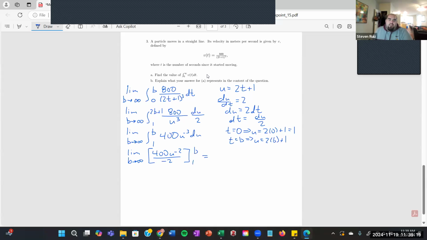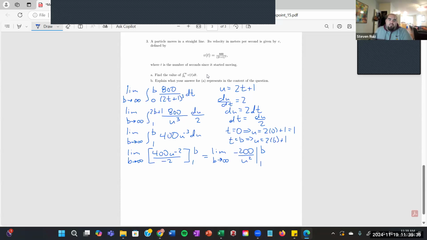So I can simplify again. I get negative 200 over u squared. And just like I do way too often, I left off this limit operator. Negative 200 over u squared, evaluated from 1 to b.